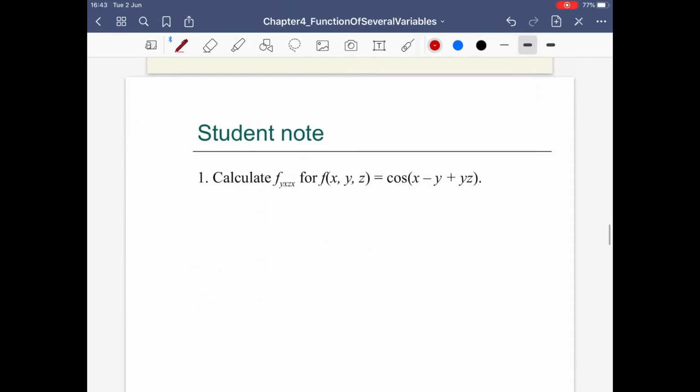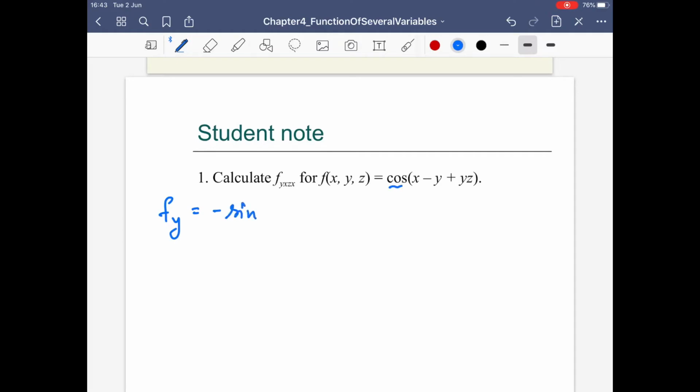So let's look at the next example. This one, what does this mean? You are going to start from the one inside, so from left to right. The first term that you are going to find the derivative of is your f sub y. So the derivative with respect to y, you have to pass the cosine first.